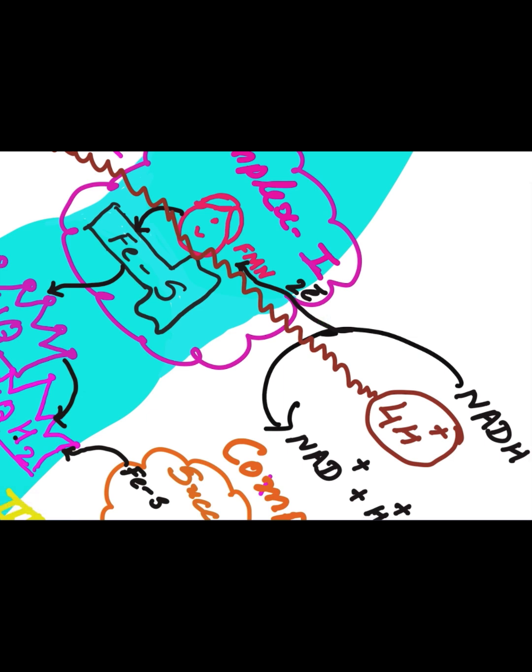Here I have drawn a female representing flavin mononucleotide or FMN. So this FMN accepts these 2 electrons and passes them to FeS. This FeS is an iron sulfur protein. As we know that iron is a strong metal, we represent iron as a strong compound.